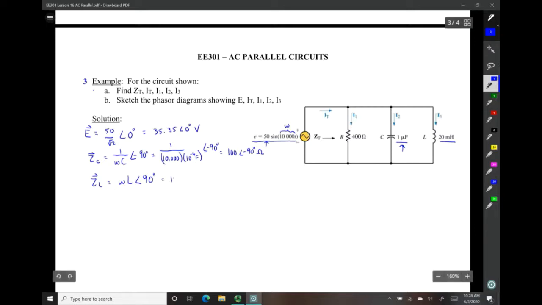So using the same value for omega, 10,000, multiply that by our inductance, which is 20 millihenries, or 20 times 10 to the minus 3 henries. And that gives us 200 ohms with that positive 90 degrees.